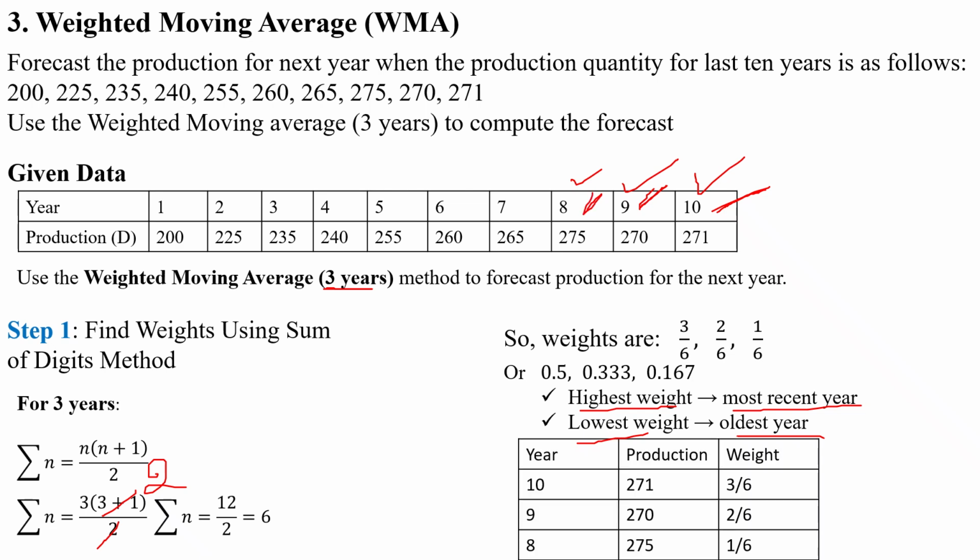Then for the 10th year the production is 271 and the weight is 3 by 6. The 9th year production is 270 and the weight is 2 by 6. The 8th year production is 275 and the weight is 1 by 6.